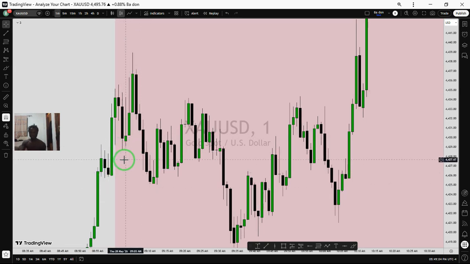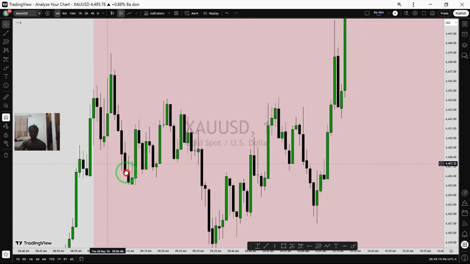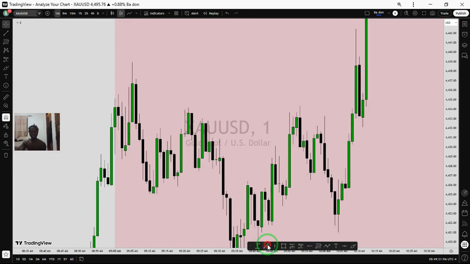It must be a swing. Like you see how this candle right here is lower than this one and this one, and this one right here is higher than this one and this one. So these three candle formation is a swing high. These three candle formation is a swing low. So we want to see a valid swing high and swing low break of structure, and we have it here.